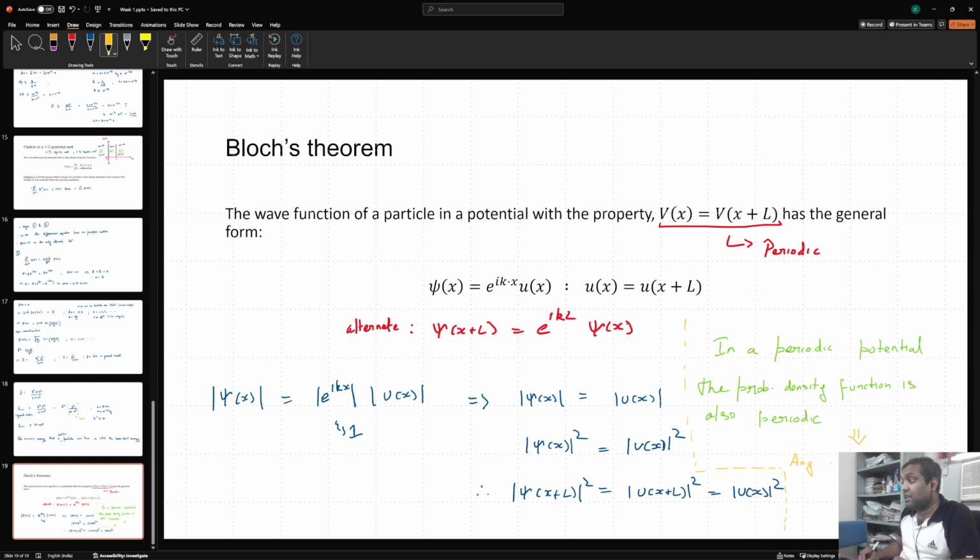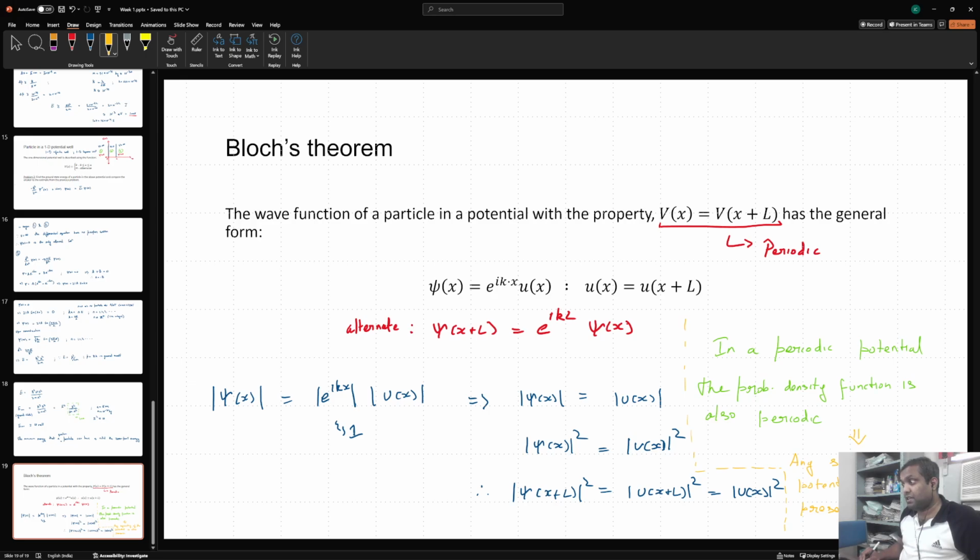Any symmetry of the potential is also present in the probability density function.